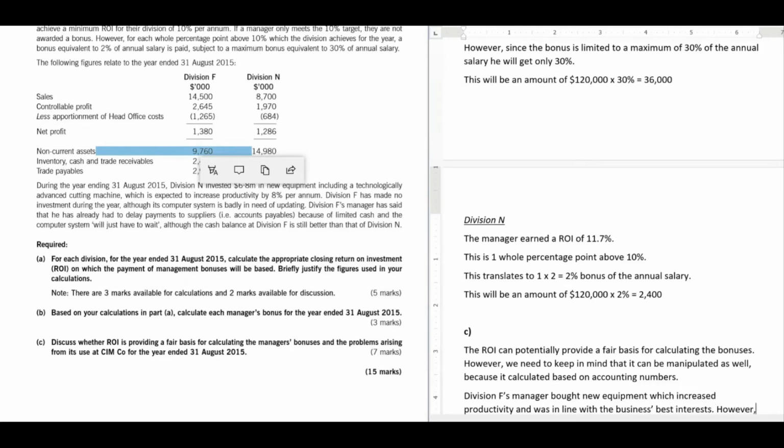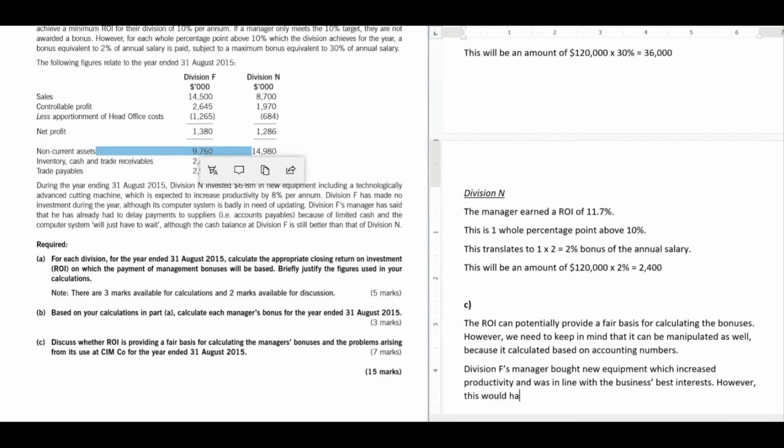However, this would have increased his non-current assets, which would have decreased his ROI and his bonus.